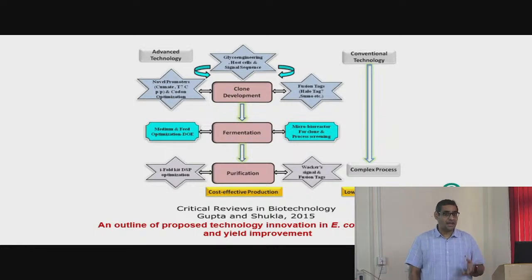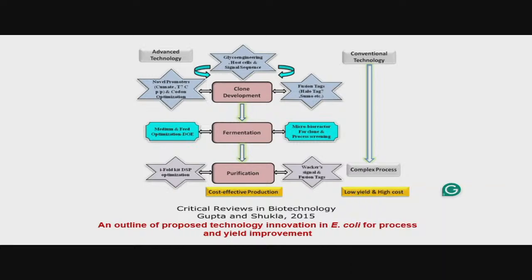Those who are working in animal cell technology know that. If you do these innovations with advanced technology, you get cost effective production as well as high yield. If the cost is high, it can be reduced at a subsequent step with better clones.